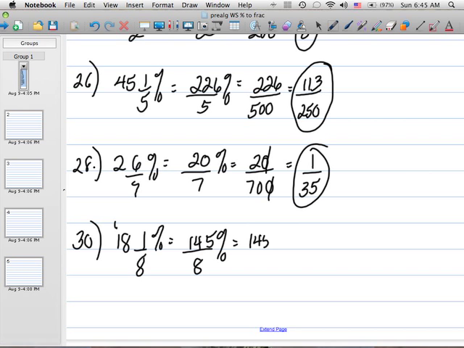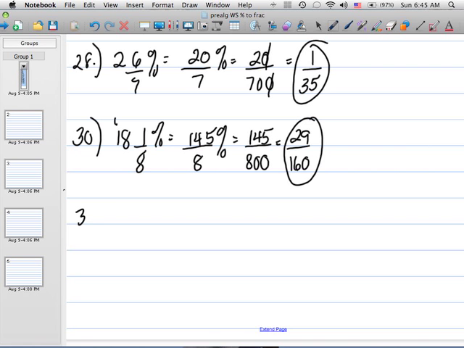Compare me to 100, so put 145 over 800. Well, we can divide by 5. 5 goes into 14, 2 with 4 left over. And 5 into 45 is 9. 5 goes into 8 once with 3 left over. 5 into 30 is 6. So it's 29 over 160.